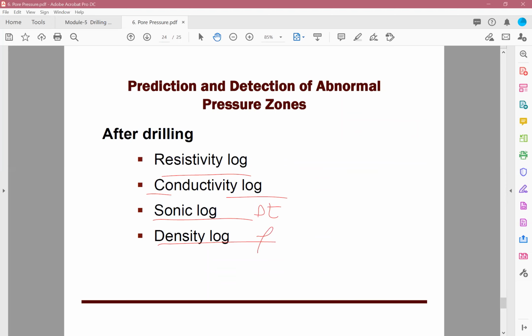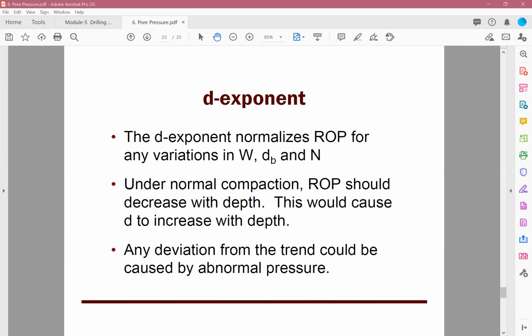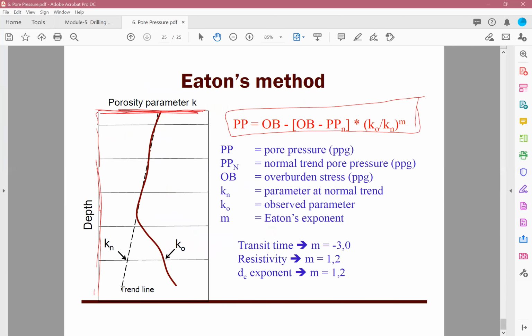Resistivity is shown with R, conductivity with C. Any of these measurements, or even the exponent, you can use in this equation. So this parameter K could be any of those. They all have the same equation, but one parameter there is different, and we'll talk about it.